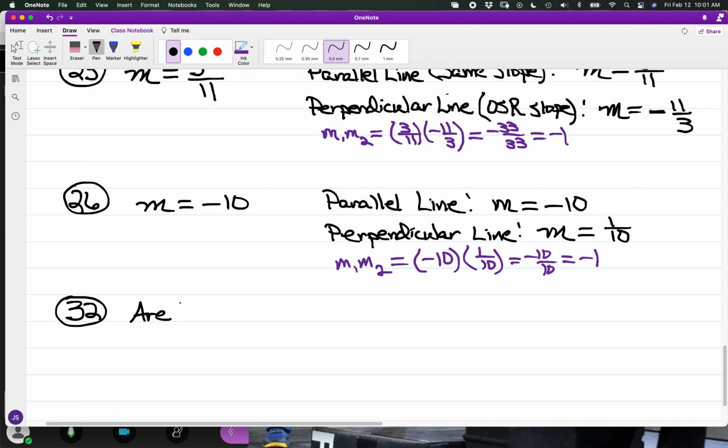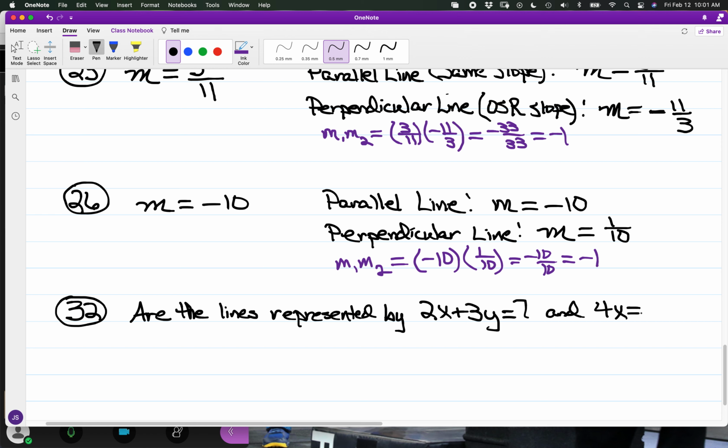And the question boils down to, are the lines represented by 2x plus 3y equal to 7, and 4x equals -6y plus 2, parallel, perpendicular, or neither.